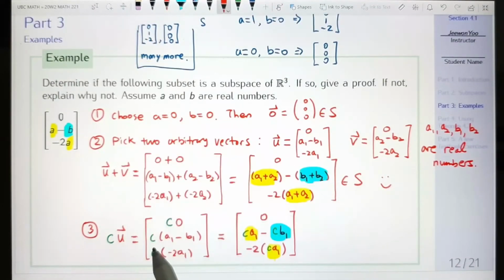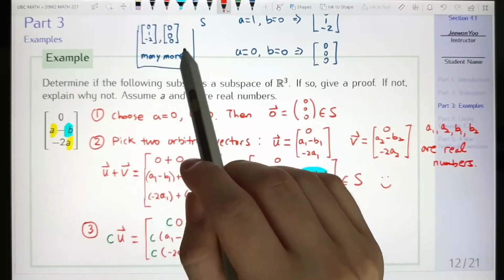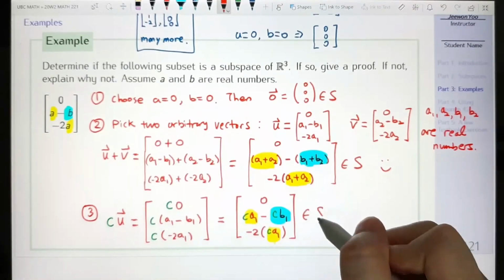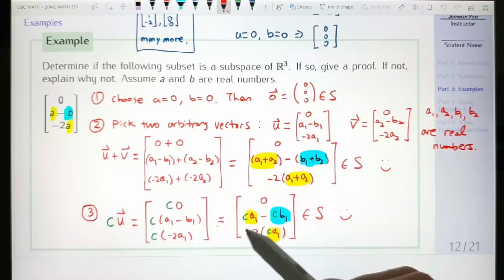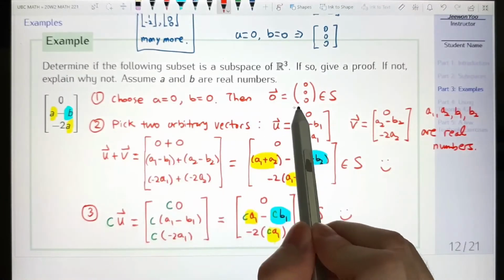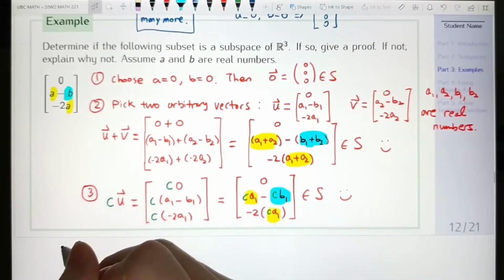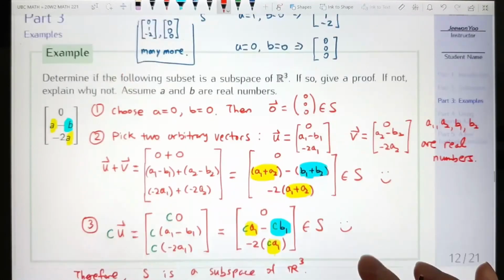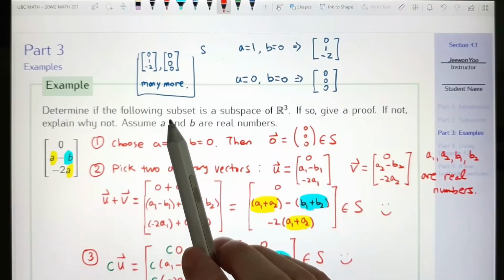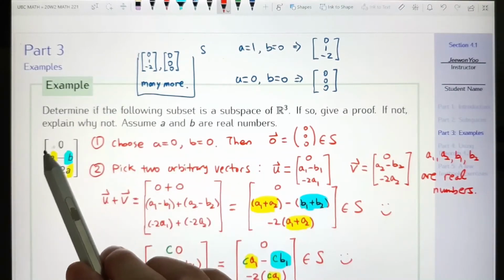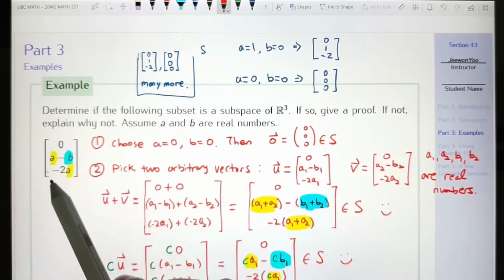This means Cu is a member of this box. Altogether, our space S is a subspace of R3. And just assume, everyone, I forgot to mention, S is the set containing all such vectors.